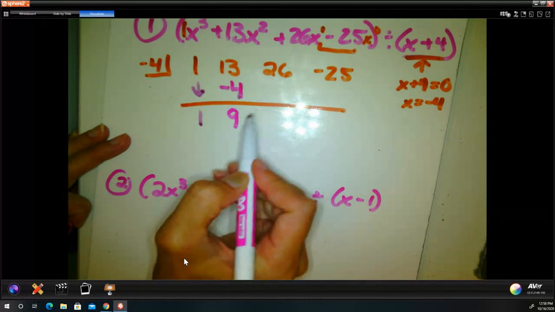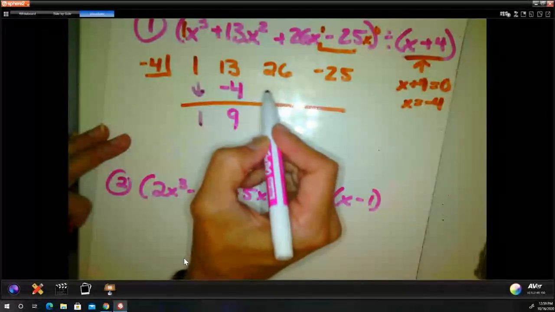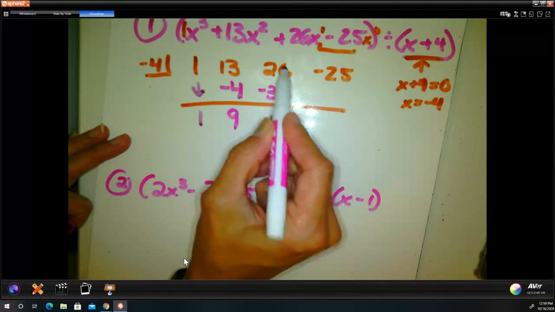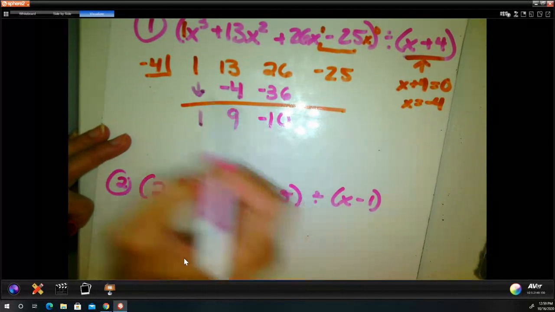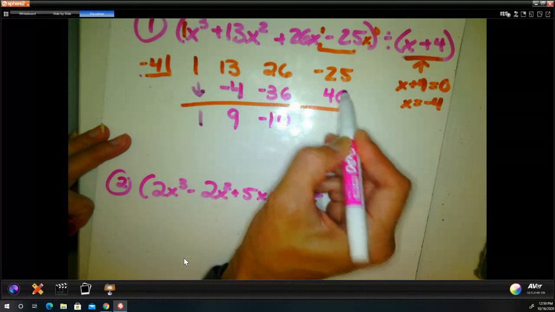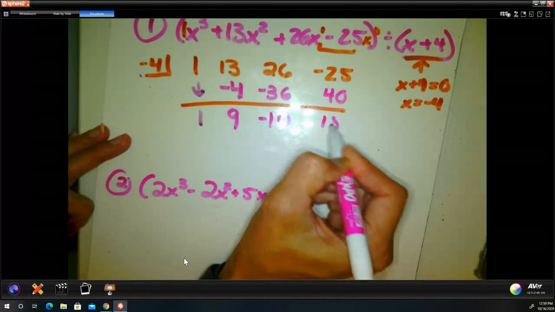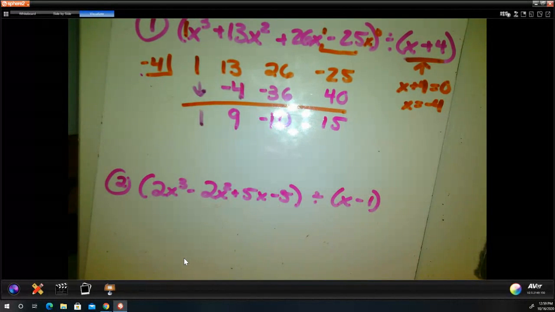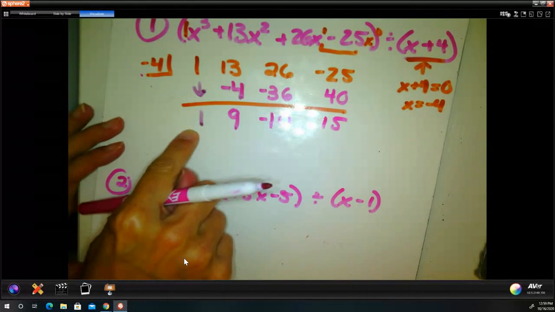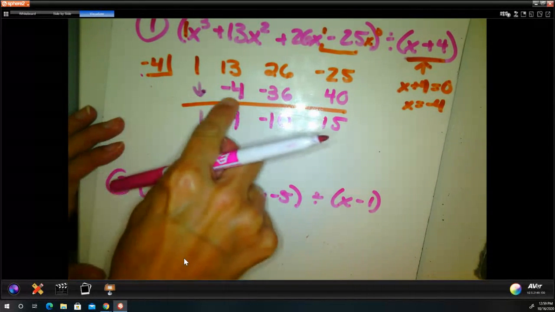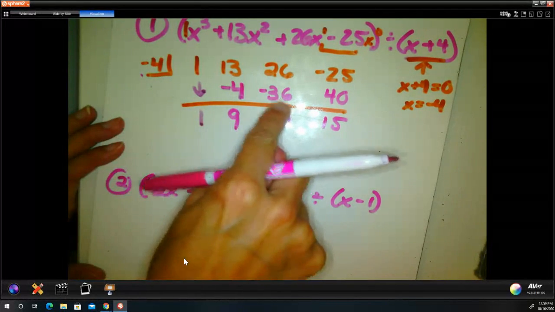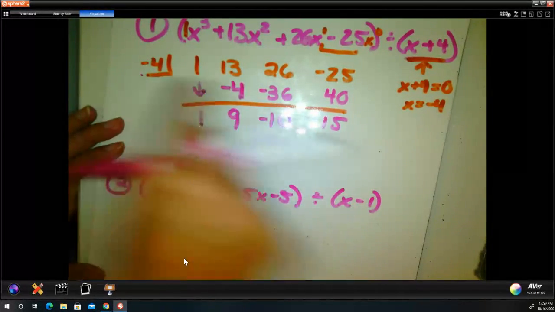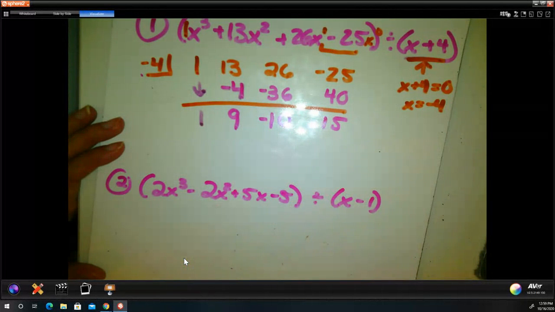Multiply, add, repeat. 9 times negative 4, negative 36. Add these, gives me negative 10. Repeat. Negative 10 times negative 4, 40, add 15. Okay, so I brought down the first term, and then I'm just going to multiply with that box, add whatever's there, and then repeat. Okay, so hopefully that made sense.